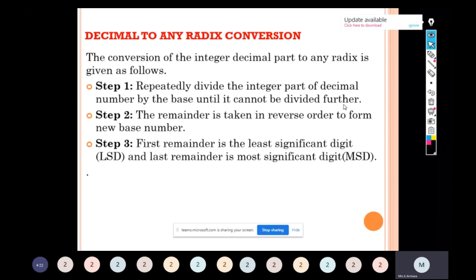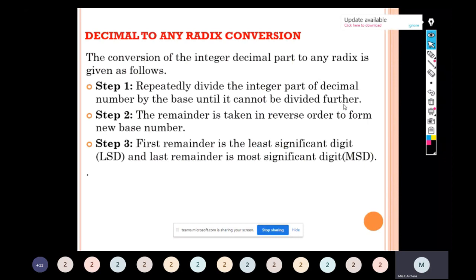Till now we have followed the same procedure for either the integer part or the fractional part, with no separate procedure. But in decimal to any radix conversion, we are going to see a separate procedure for the integer and a separate procedure for the fraction.